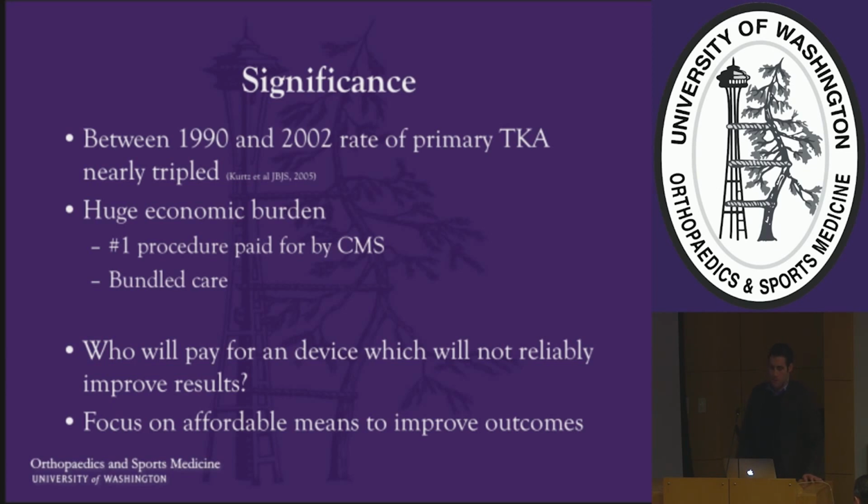Total knee arthroplasty is the number one procedure paid for by CMS, and as Paul's alluded to, healthcare economics and bundled care is becoming a substantial part of our dialogue in terms of how we provide population-based care. So first question is, who's going to pay for a device that has not been proven to reliably improve results yet? And can we focus on other affordable means to improve our outcomes?